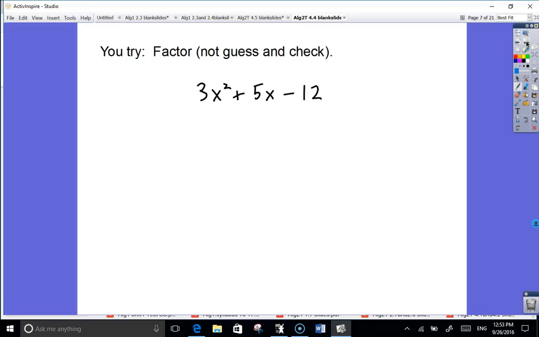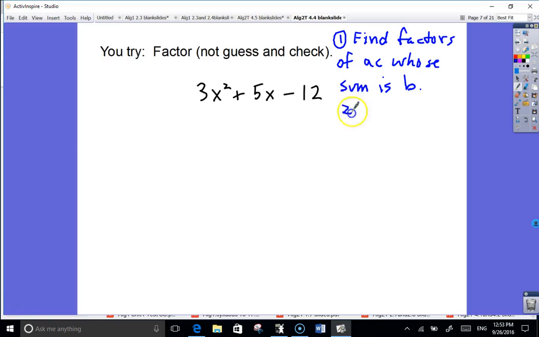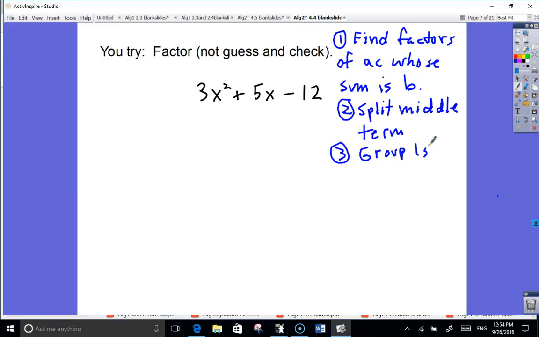Okay, and let me remind you with the steps that are right here. Okay, 1, find the factors of AC, that's a product, whose sum is B. 2, split middle term. 3, group first 2 terms, last 2 terms.